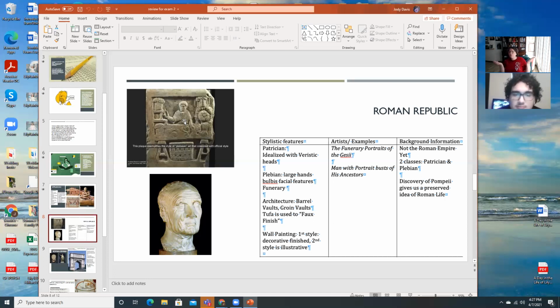So there's really two main options for art other than the temple. The temple is architecture that exists, but the only two types of art being produced during the Republic are funerary art and art that records the lineage of the patricians.